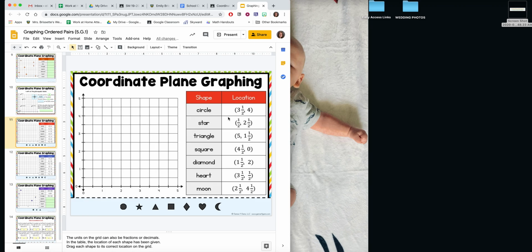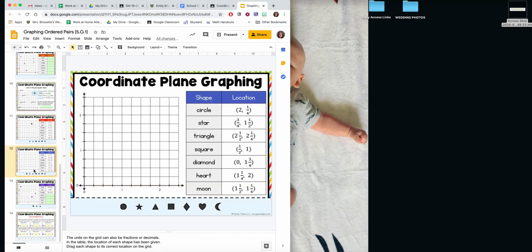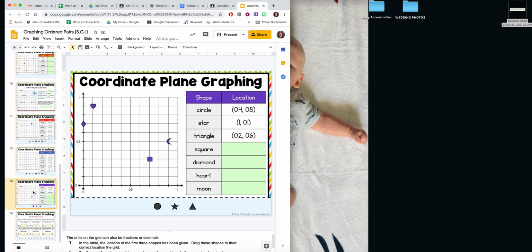The y-coordinate says 4, so I'm going to go on this line all the way up to 4. So here's 1, here's 2, 3, and 4. So this is where my circle needs to go. And you'll get to place the rest of the shapes on the coordinate plane. We'll do the same thing on this slide as well.